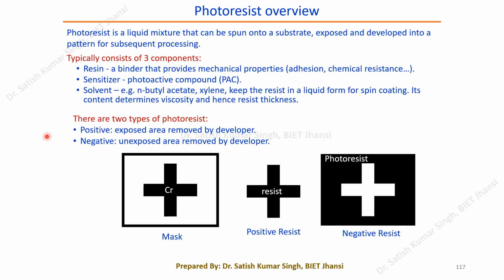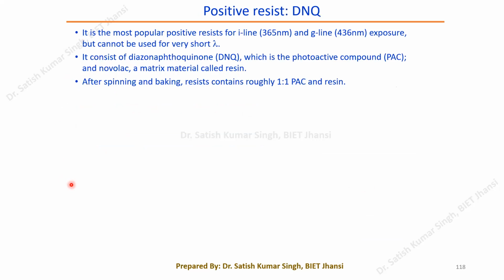To move on, in this slide we are talking about the positive photoresist. As you know, in the case of positive photoresist, the exposed region is going to be softened and dissolved in a developer.